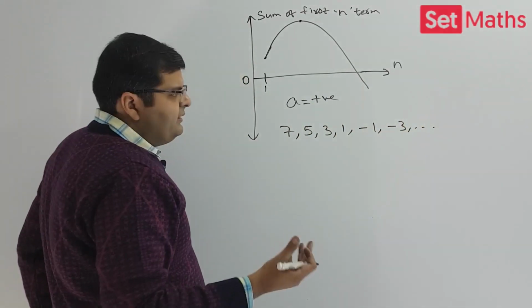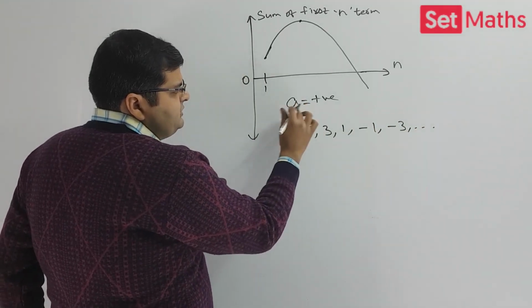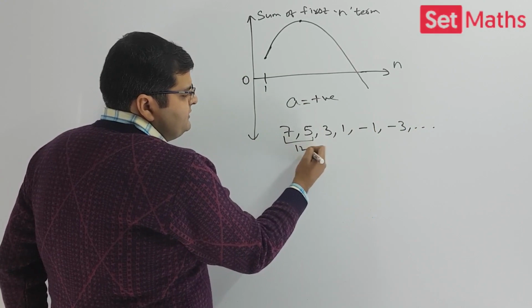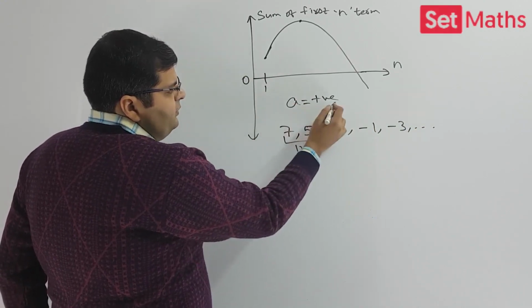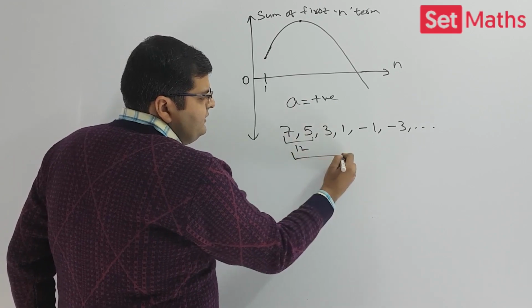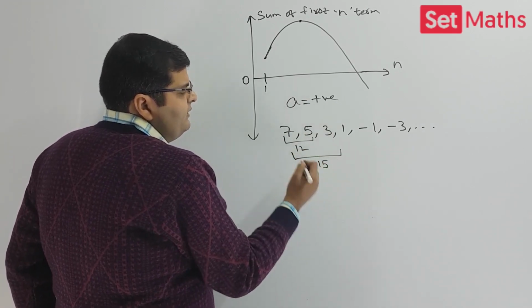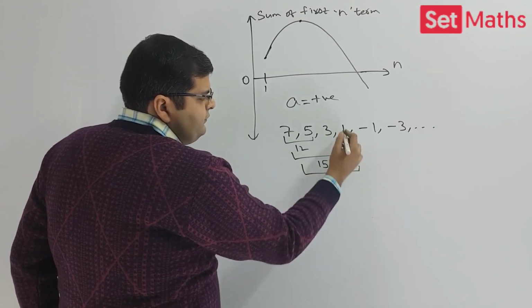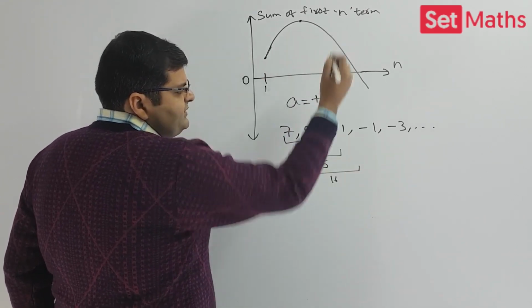Here the first term a is positive. If I add the first two terms, that is 12, more than the sum of the first one term, which is 7. The first three terms give 15, the sum is still increasing. The first four terms give 16, still increasing.